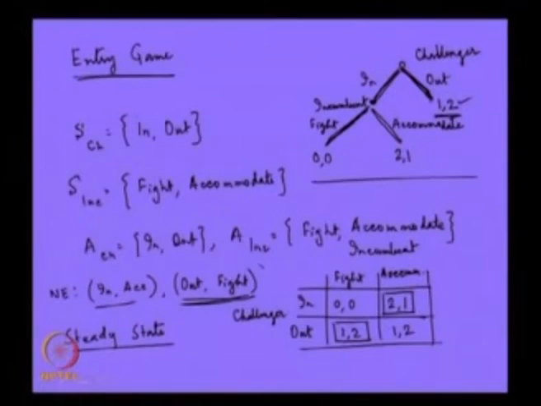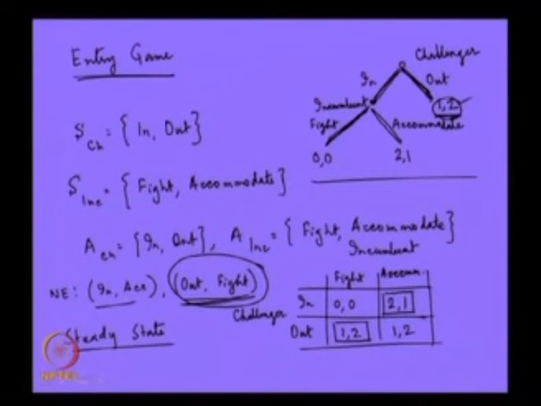But since the game is an extensive game, so the decisions are coming stage by stage in a sequential manner, there is a problem with this equilibrium, out and fight. Why is this a problem? Because the terminal history we are getting here is basically here, the game is ending here.